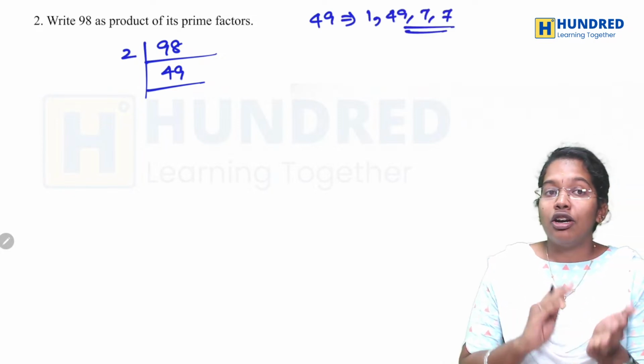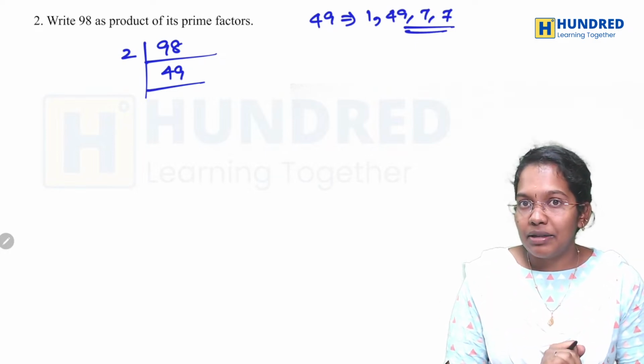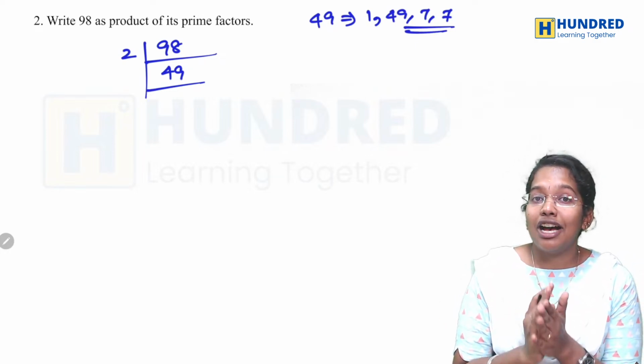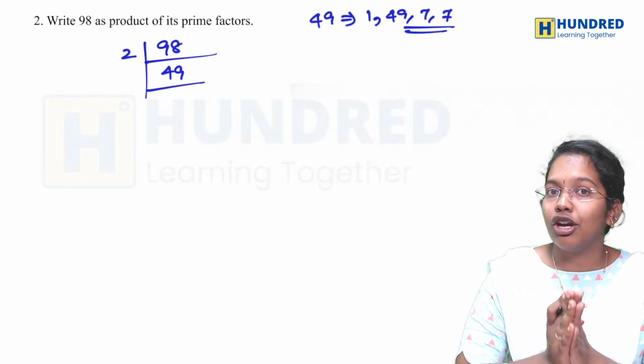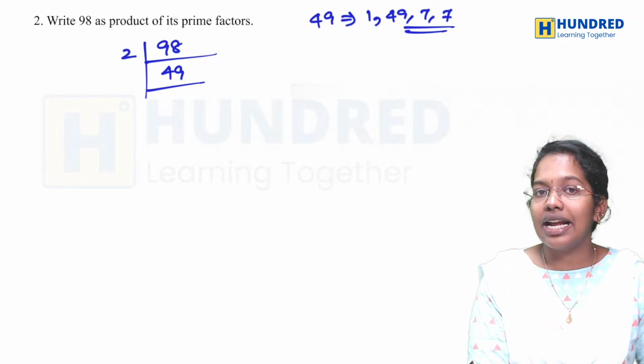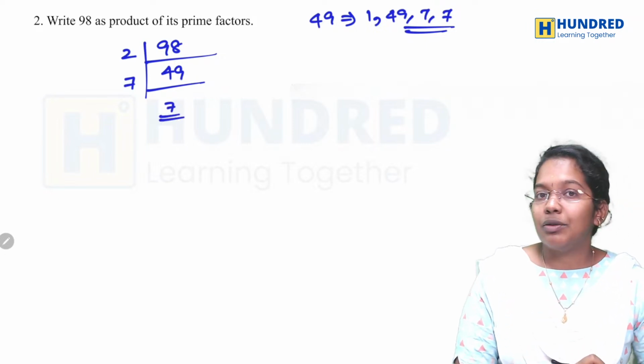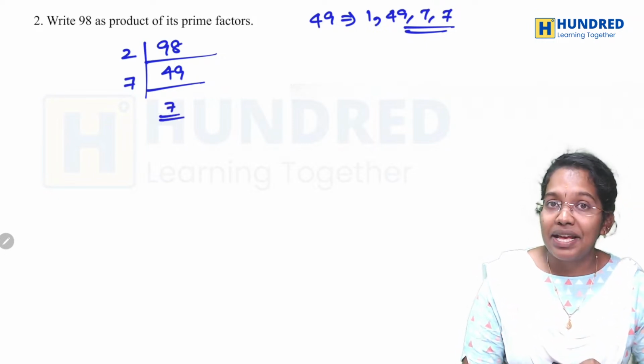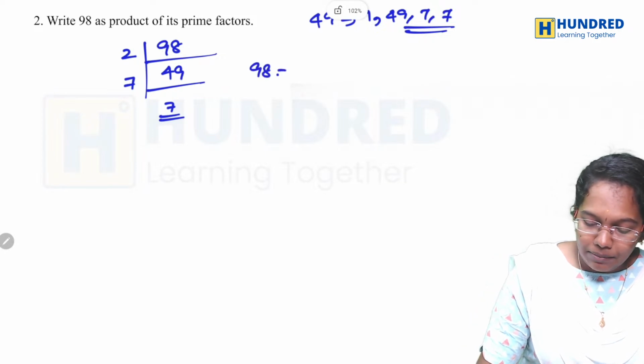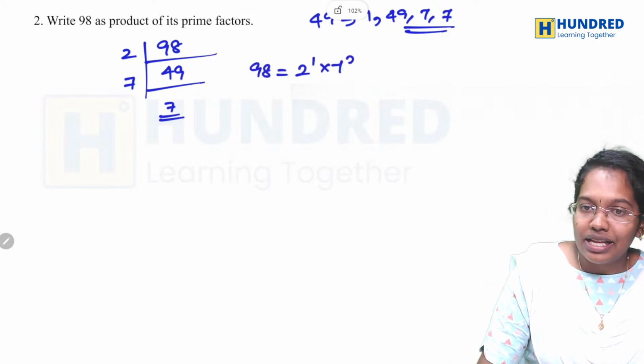But in the fundamental theorem of arithmetic, we have learnt that we have to write it as the product of prime factors alone, right? So you take only 7 here, and the other factor will be 7 here. So 98 can be expressed as 2 power 1 into 7 square.